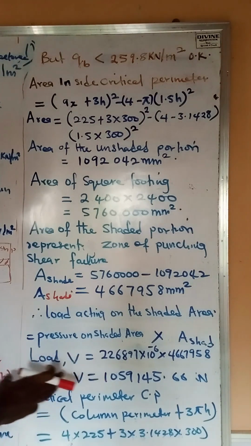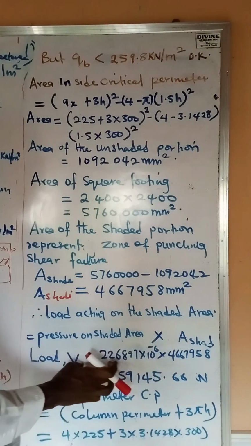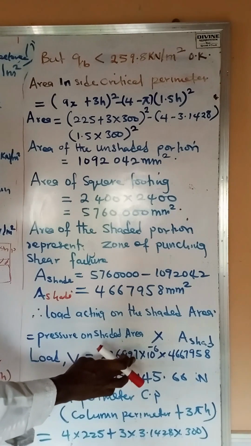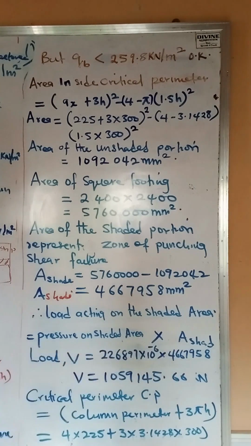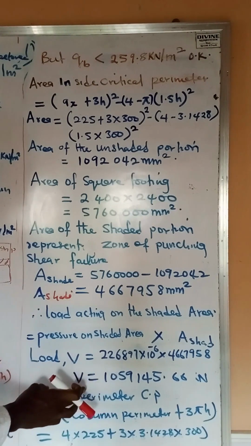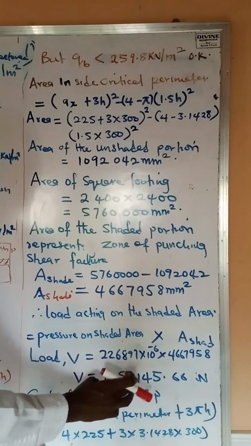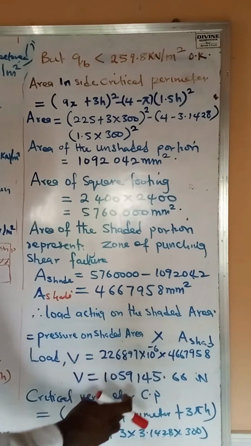Now what we are saying is that we're going to express that in newtons. So I've changed this pressure 226.897 to newton per millimeter square. If we solve that out, we are going to have the force acting on the shaded area to be 1059145.66 Newton.